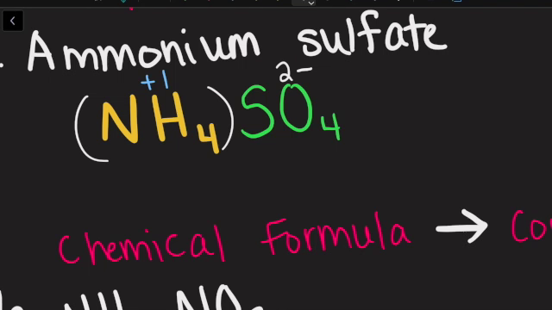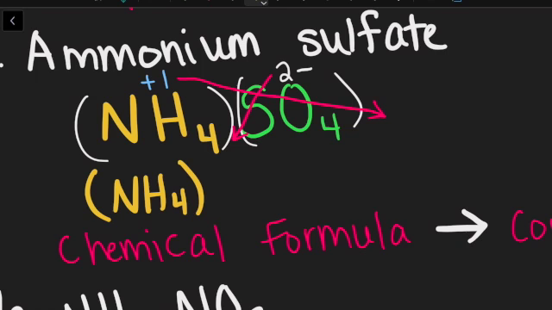This has to be kept in parentheses, and so does this, so that we are keeping the same elements and ions. So we're still going to cross the charges like we always have. That 2- is going to go to the outside of that parentheses, and this 1 is going to go to the outside of this parentheses.